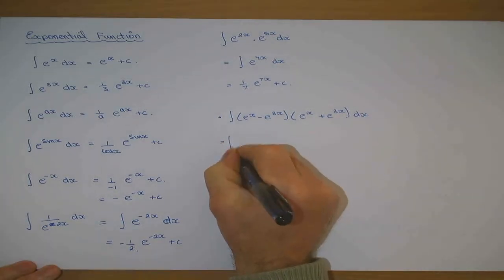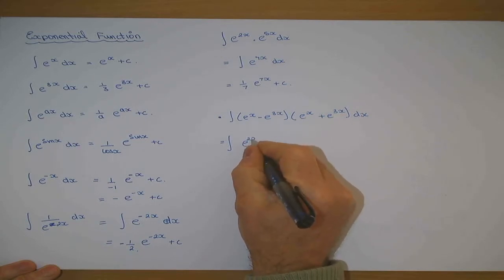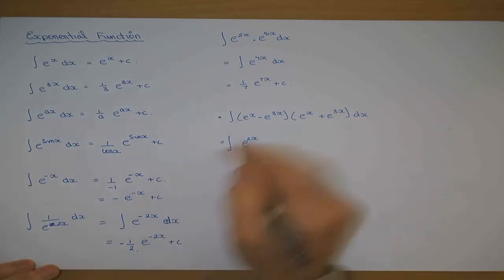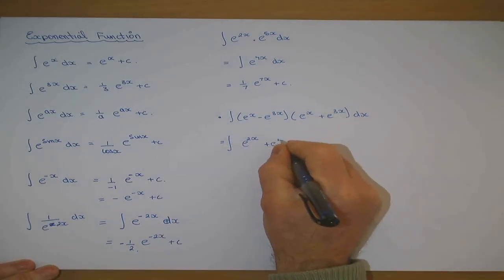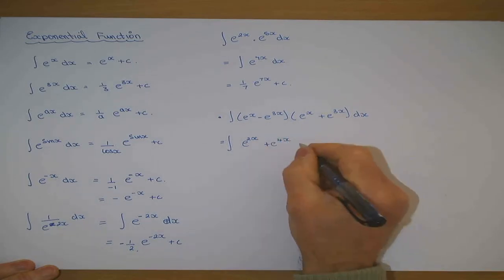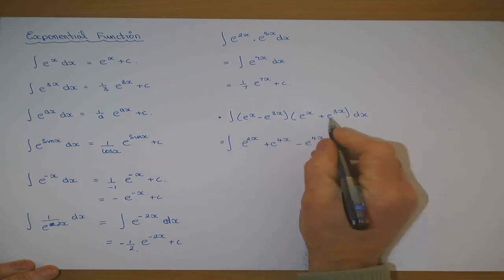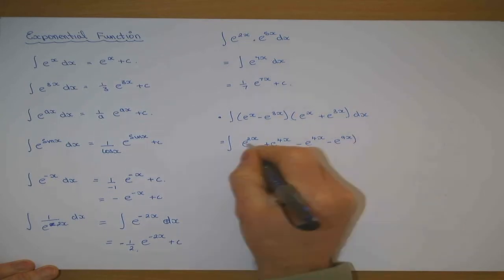So that's equal to the integral. What's e to the x by e to the x? E to the 2x. Because when you're multiplying indices, you add the power. E to the x by e to the 3x, e to the 4x. Minus e to the 3x by e to the x, minus e to the 4x. Minus e to the 3x by e to the 3x, minus e to the 6x dx.